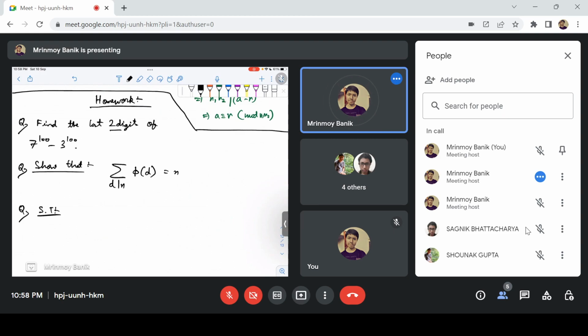Show that the sum over r running from 1 through n minus 3 of r times r factorial is divisible by n if and only if n is prime.